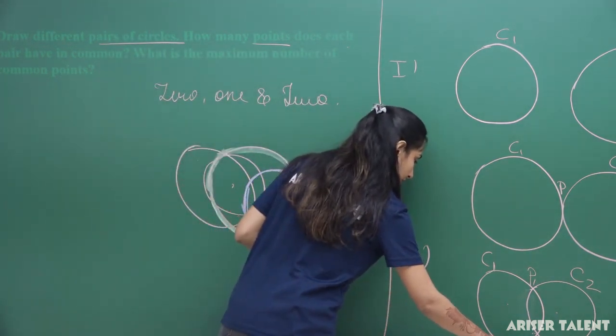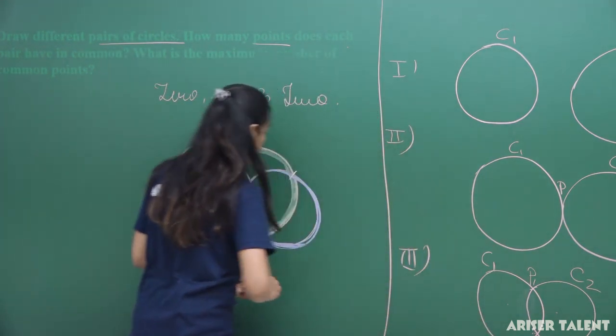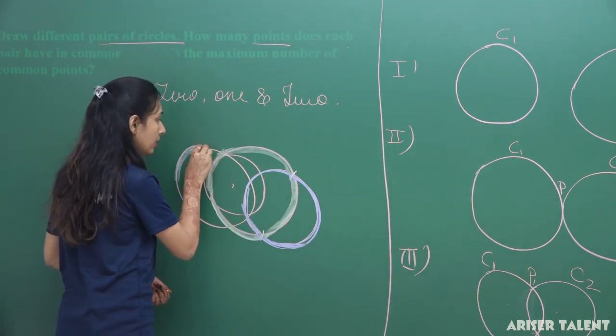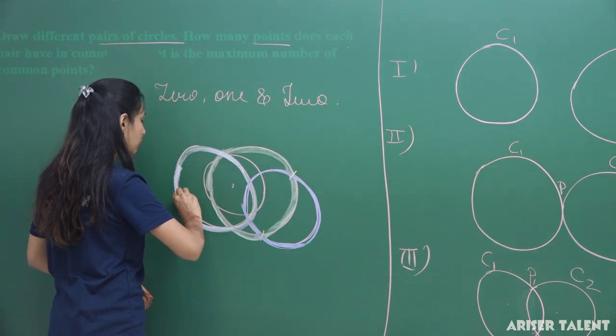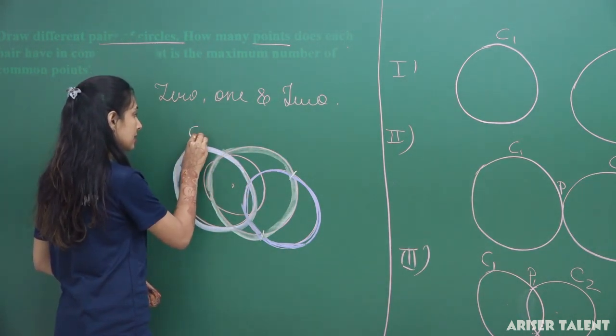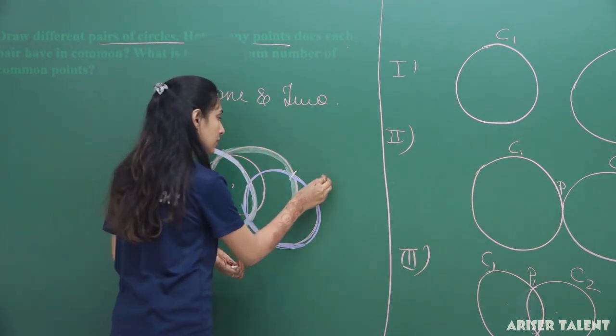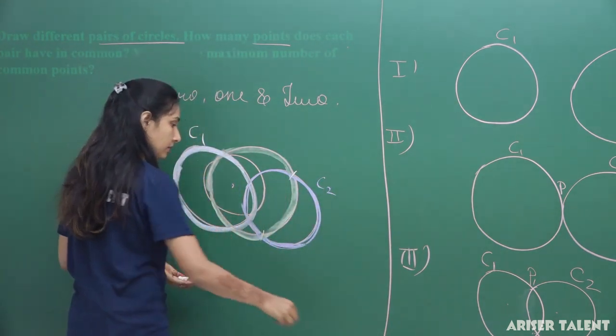Let's suppose we are having it with the white chalk. If I ask you to pick any two circles, like this is C1, this is C2, and this is C3.